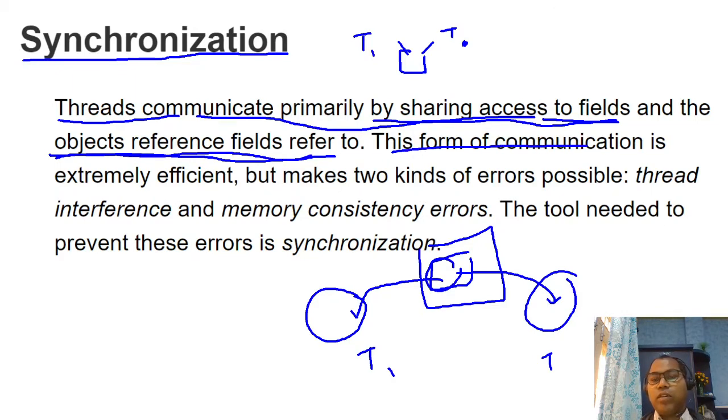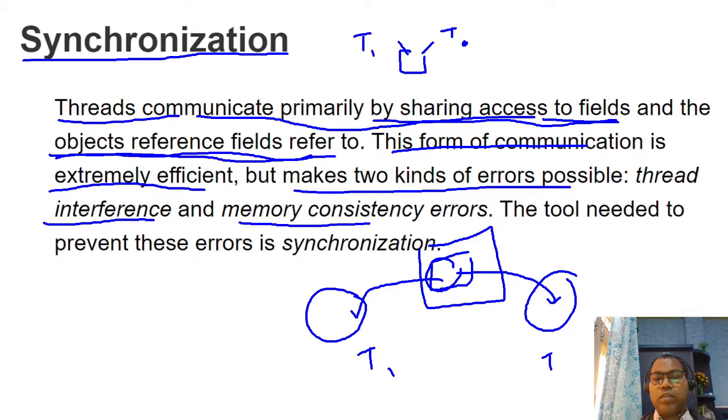This form of communication is extremely efficient but makes two kinds of error possible: thread interference and memory consistency error.